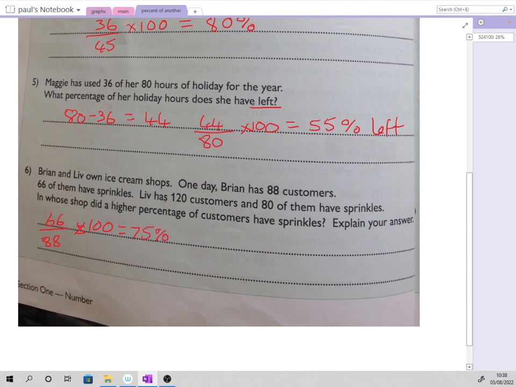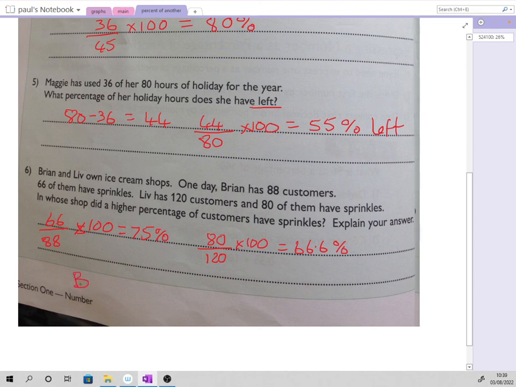Now we'll do Liv. She has 80 customers out of 120. So 80 divided by 120 times 100 is 66.6%. Right. Which shop did the higher?